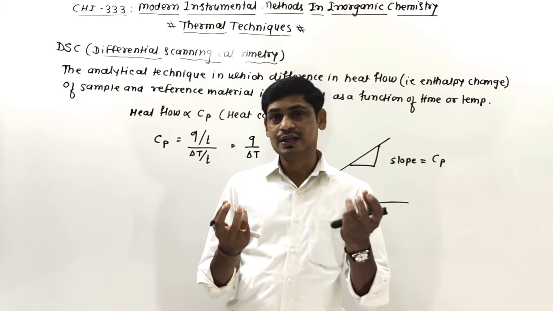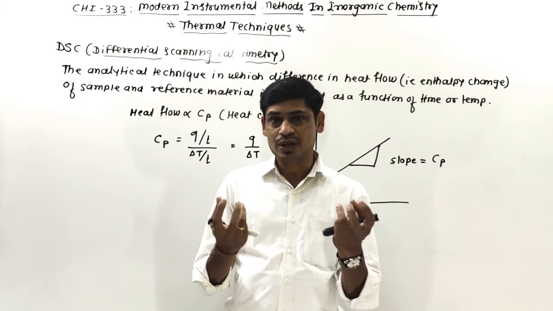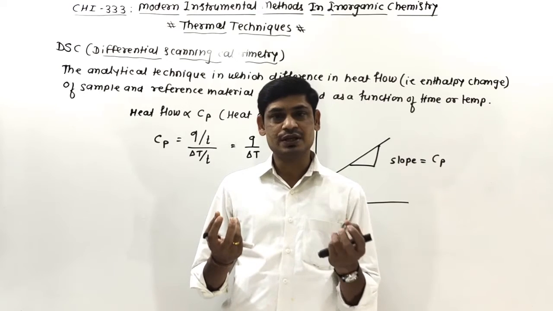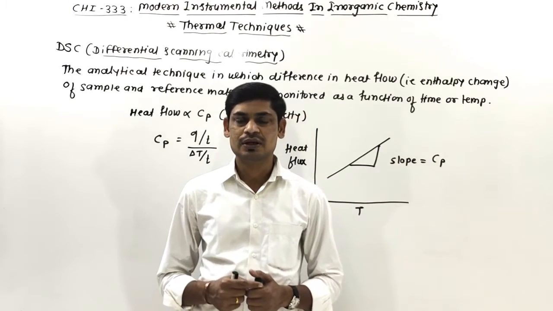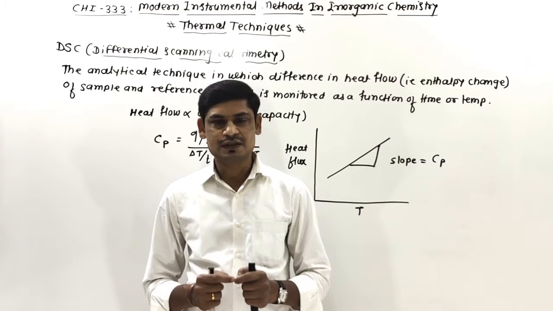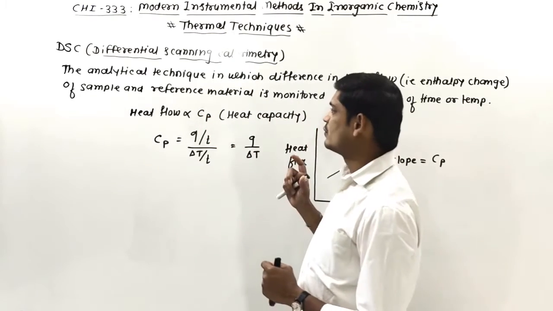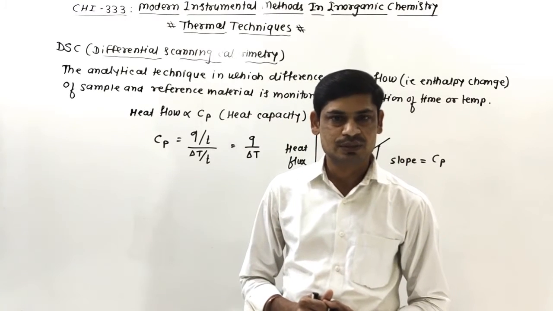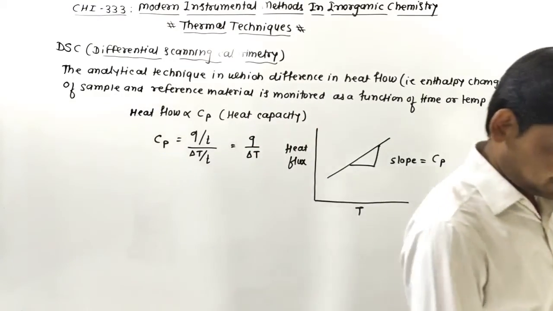Now the power which is required to maintain the temperature constant between the sample and the reference material is measured, and this power is then converted into the enthalpy, which will give a corresponding output over here. This part we will discuss a little bit in detail when we discuss the instrumentation. So students, it was an account about the definition and principle of differential scanning calorimetry. You just record this definition by screenshot.